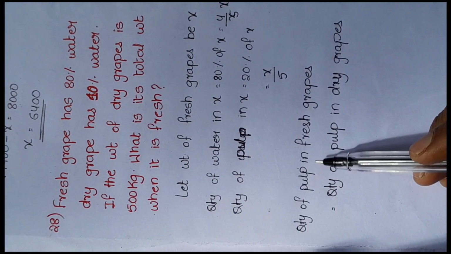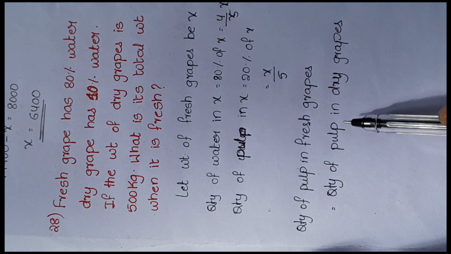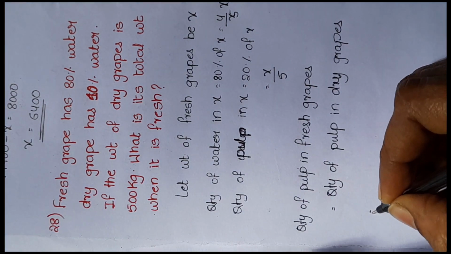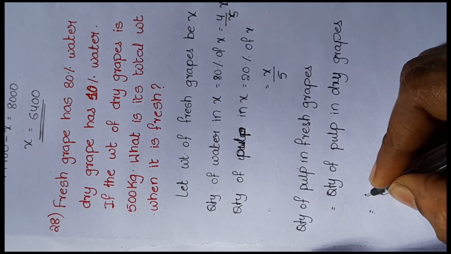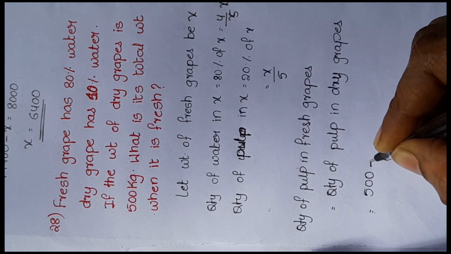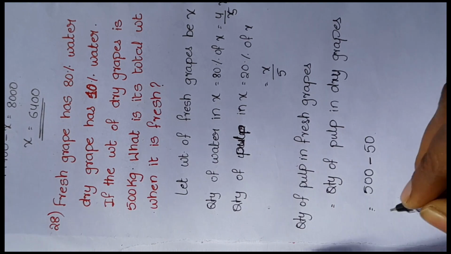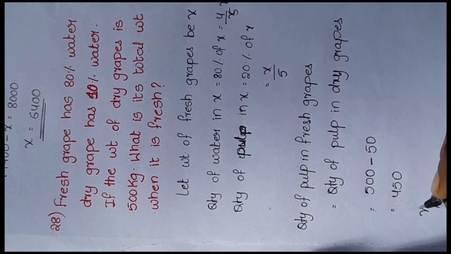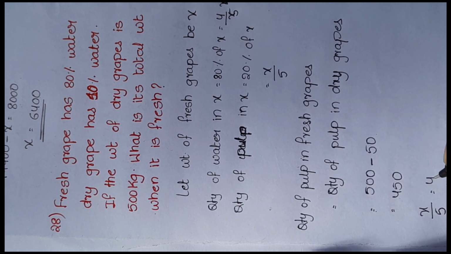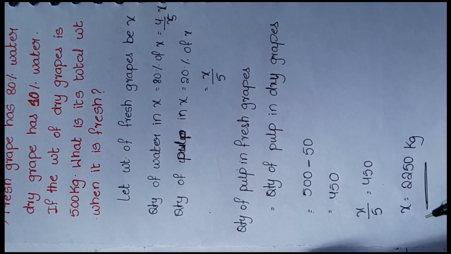Now the quantity of pulp in fresh grapes is equal to quantity of pulp in the dry grapes, which is equal to quantity of total dry grapes 500 minus quantity of water in the dry grapes 50, which is equal to 450. Quantity of pulp in fresh grapes is x by 5, which is equal to 450. So the quantity of x, that is the weight of the fresh grapes, is 2250 kg.